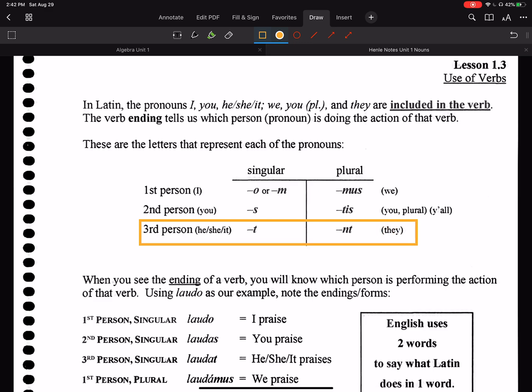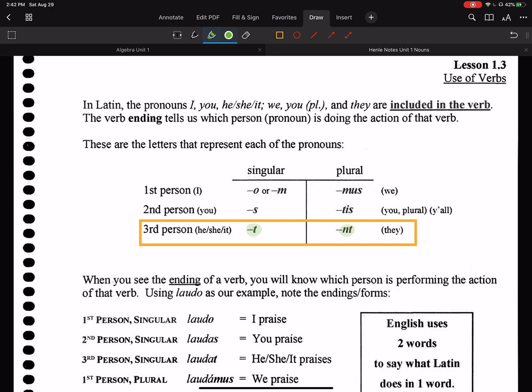Okay. Over the course of several lessons until we get to real verbs, you're going to be learning just a few things. Most of the verbs that you'll be learning will end in either T or an NT.